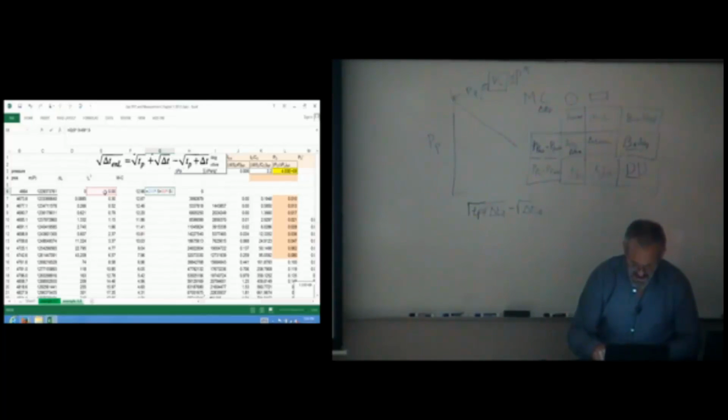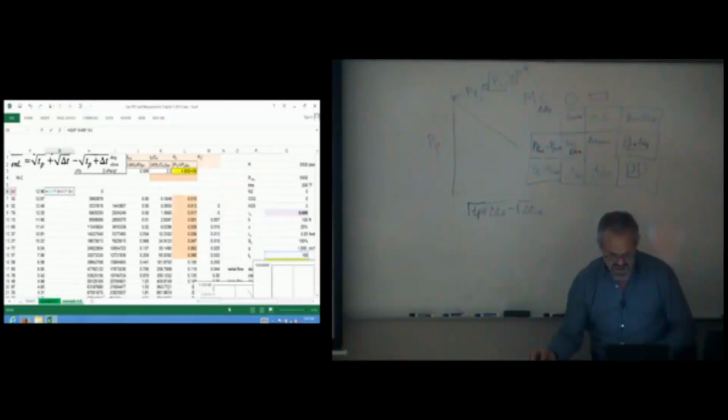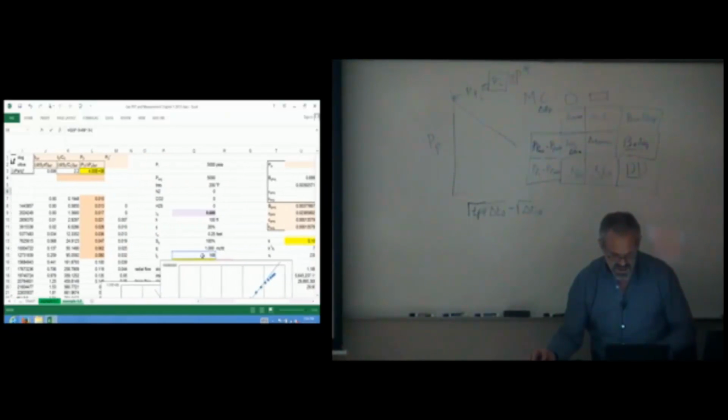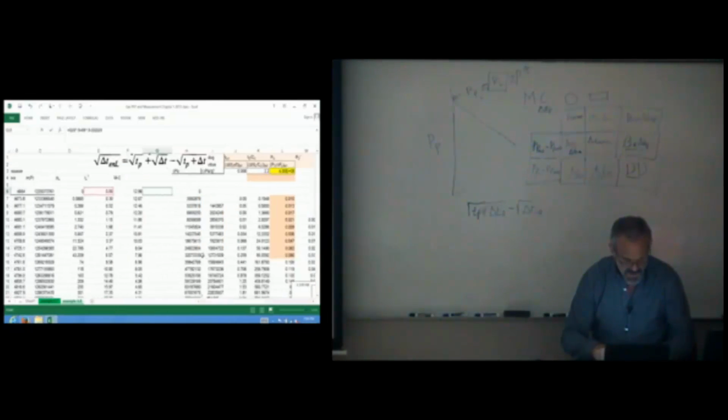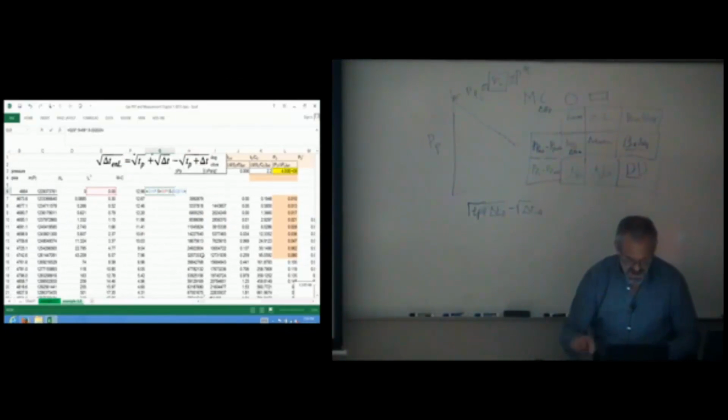minus the sum of, and by the way, I already forgot to make T sub P absolute the first time I used it. I'll remember this time. Plus delta T to the 0.5, and now I'm going to pick up the fact the first time I grabbed Q15 I didn't make it absolute.